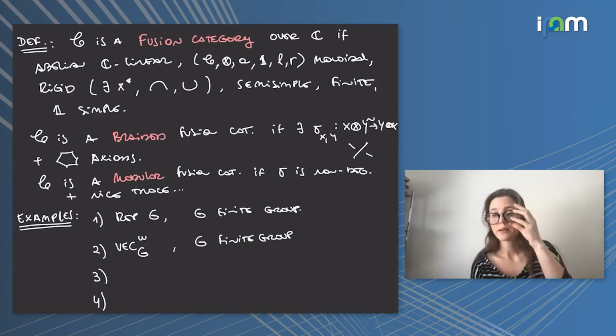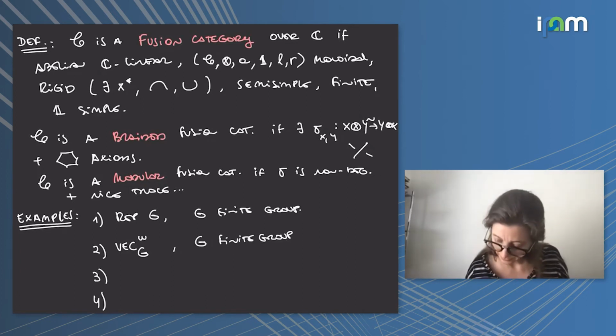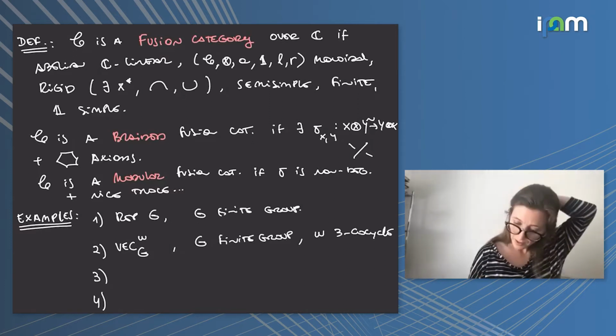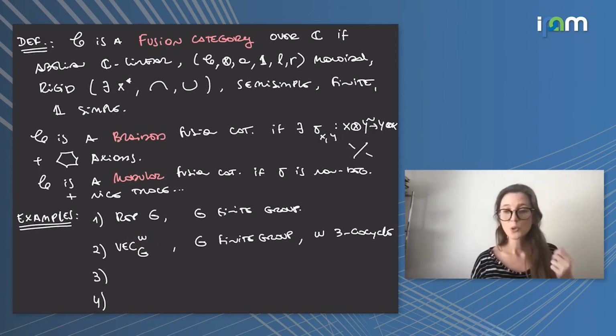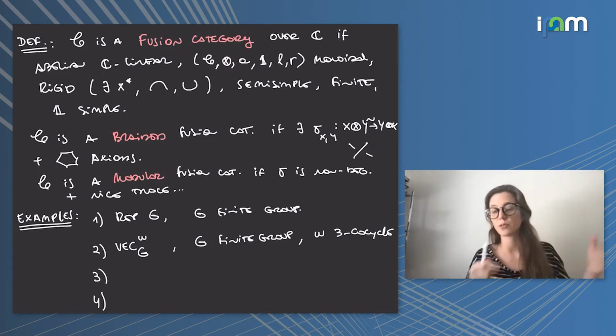So the objects are vector spaces graded by my group G. And here this omega is a 3-cocycle, which Corey also explained in detail. What I'm doing with this 3-cocycle is twisting my associativity. So I will have some non-trivial associativity for my categories. This morphism tells me how to change parentheses when I do tensor products.